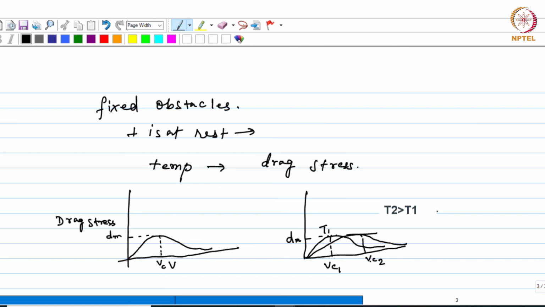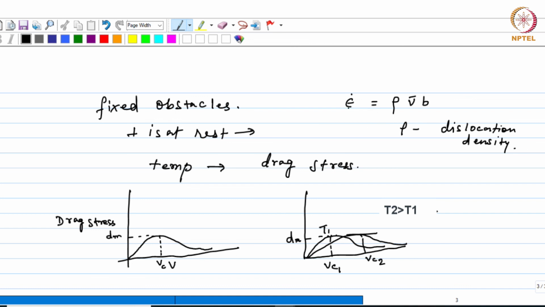And you can also see the effect of strain rate, because that is also related to the velocity of dislocations through this relationship. Epsilon dot is the strain rate, and this is given by this expression, where rho is the dislocation density, v bar is the average velocity of the dislocations, and b is the Burgers vector.